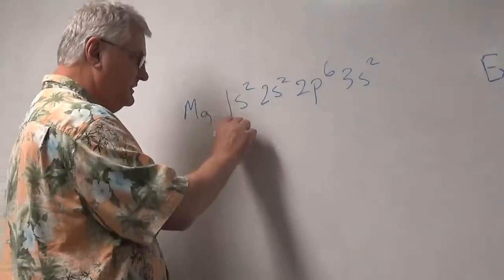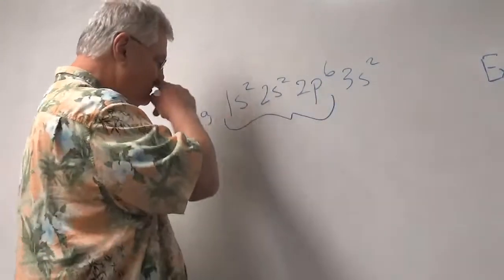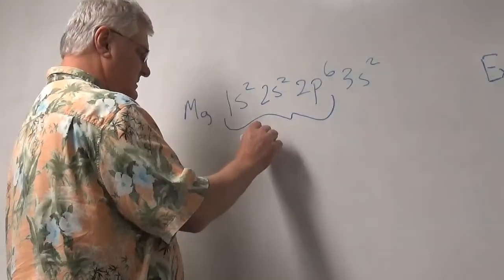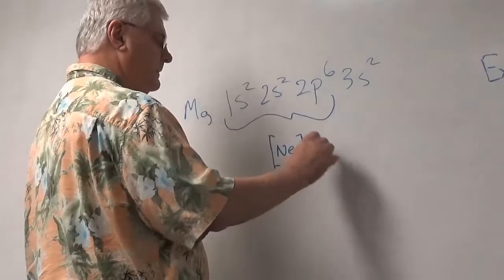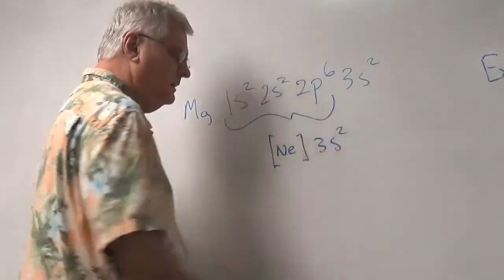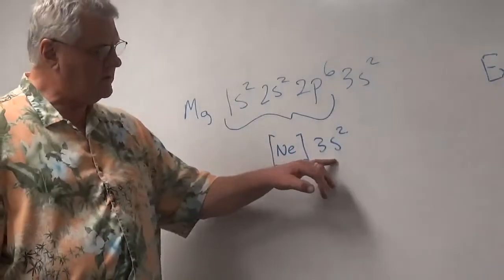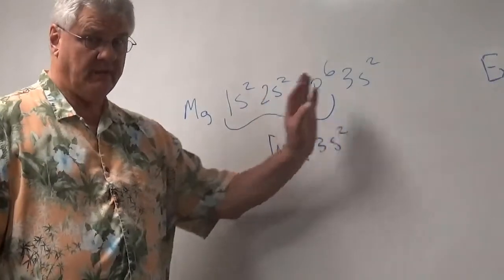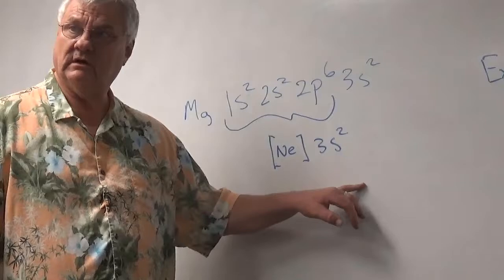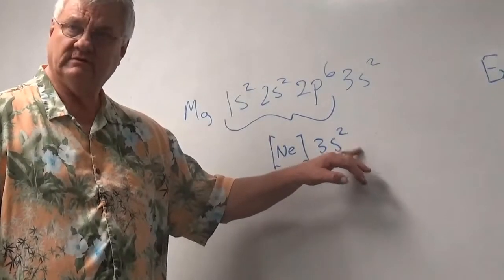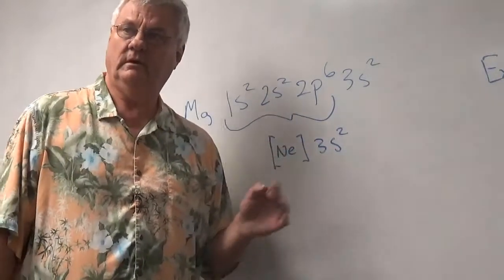Or we can simply group these together as neon, 3s2. And here you see the electrons above and beyond the filled shells. These are the valence electrons. These two electrons are the valence electrons. We've talked about that before.